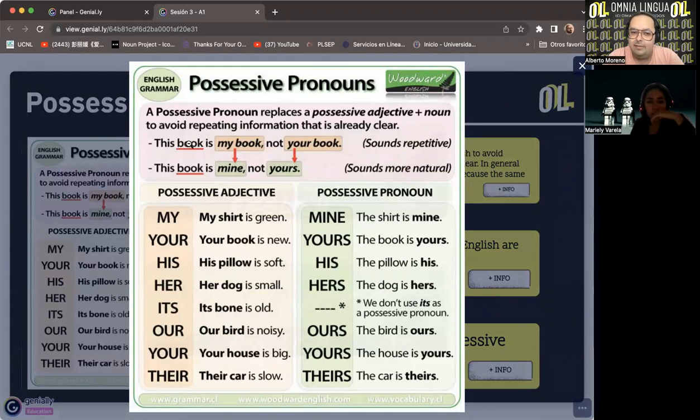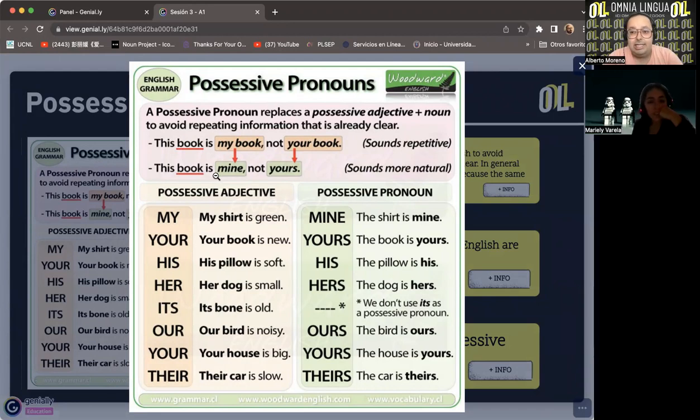So instead of saying my book, we can use mine. And instead of saying your book, we can use yours. Why do we use them and not my book, your book? Well, if it's already clear that we are talking about a book, there is no reason to mention book again and again, because it sounds repetitive and does not sound natural.